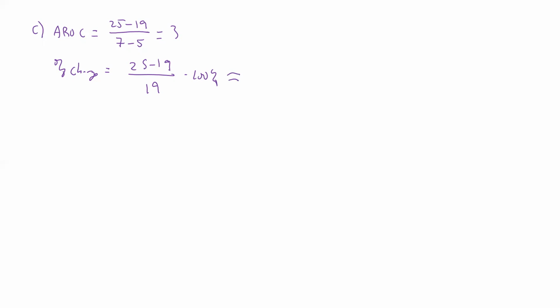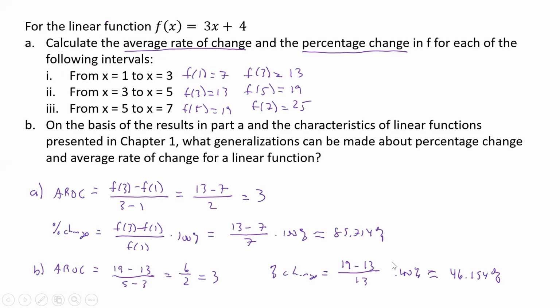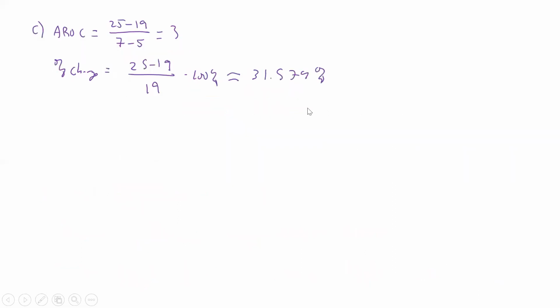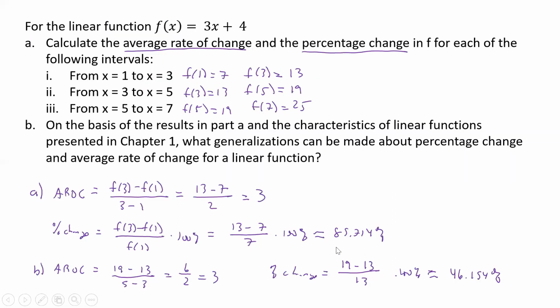And times 100, that's 31.579%. All right, so we've got all of them. And if we notice, the AROC is the same in all three, and our percent change is changing, it's going down as we go.